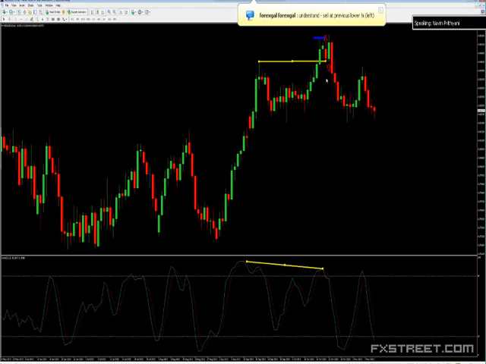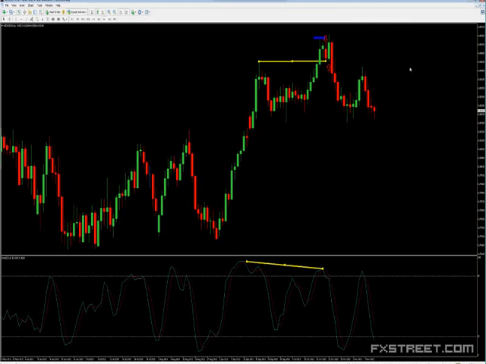Yeah, for the entry, you can go into a smaller time frame just to give you a heads up. Yes, it works on all time frames. Wait, I missed some questions. Let's see here.